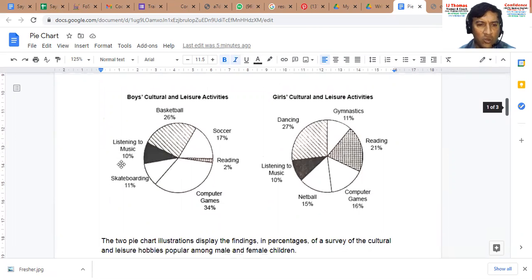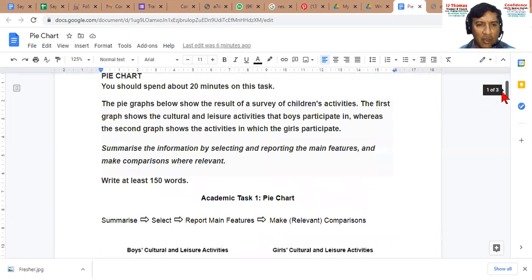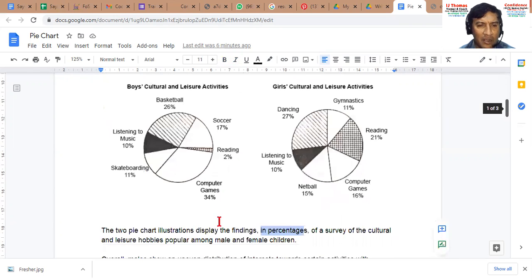Now I have just shown how to make an introduction. When you give an introduction, you need to bring the units in it and tell exactly what you see here in a way wherein you're not copying words straight from the question. So if you have pie chart, I have made it the two pie chart illustrations. The question says show, I made it display.